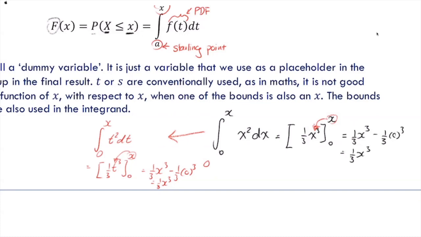Now, last year, or even the year before, my students didn't like using t's. They just did x's and said it's okay, I'm going to sub x into x. If you do that, it's notationally wrong, but you're not going to lose a mark. You're still going to get it right. It's just that this is the fully correct way to do it. Because I'm thinking you don't even need to do it really.